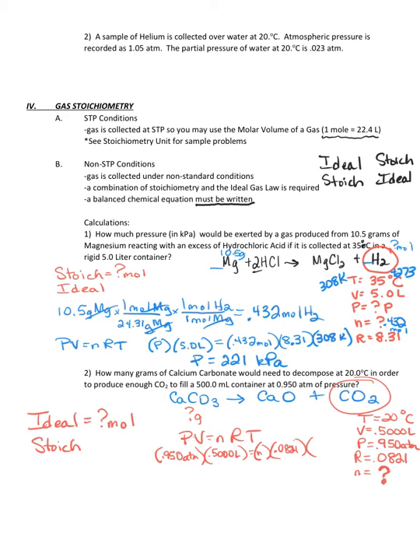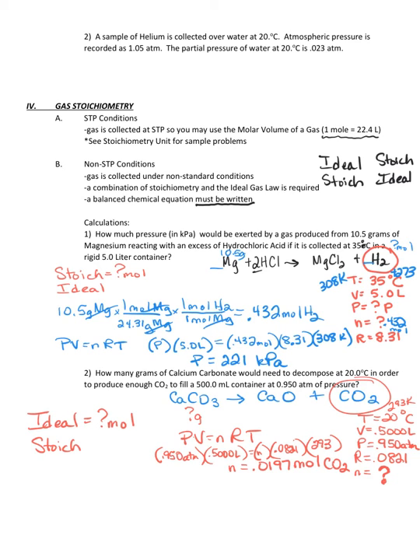And T, we got to add 273 to make it 293 K. Remember, it always has to be in Kelvin. And N becomes 0.0197 moles of our gas, which is CO2.